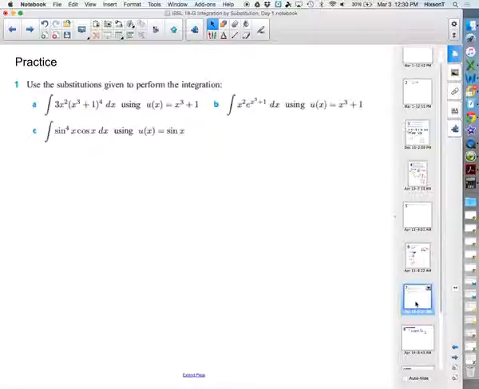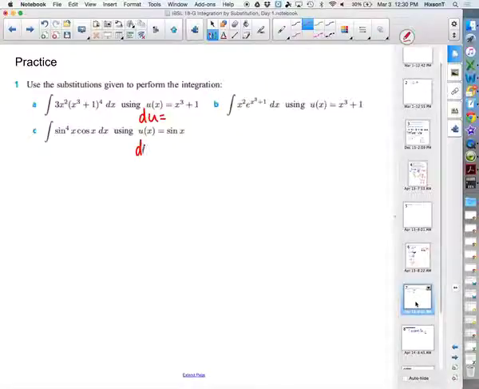So real quickly here, let's identify du for each of these, and then I'm going to let you guys do the rest on your own. So, du, what do we get for part A here? 3x squared dx. Yeah, 3x squared dx.